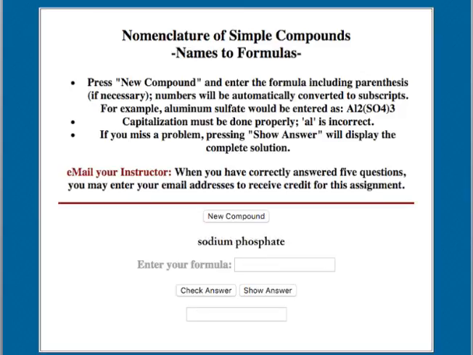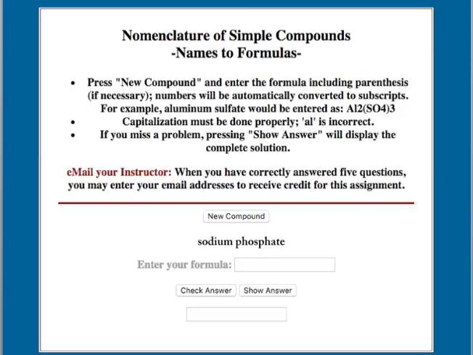Next one. This is an ionic compound, sodium phosphate. Now, you have to think. What's the charge on sodium? It's +1, group 1, right there. What's the charge on phosphate? Right now you can look at your table.